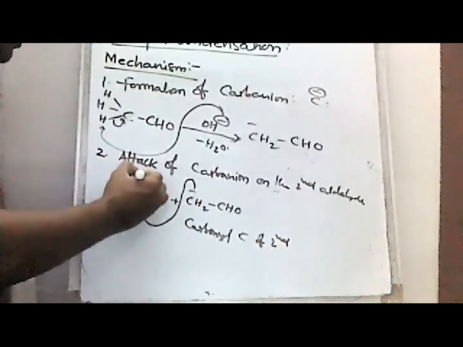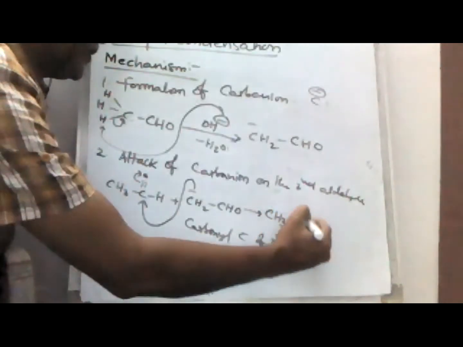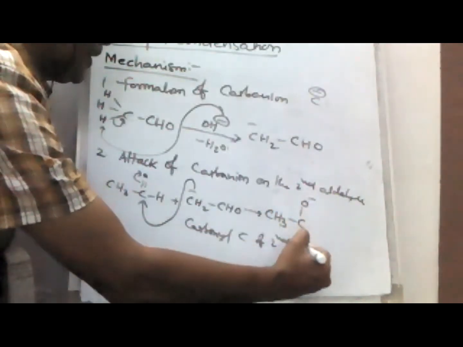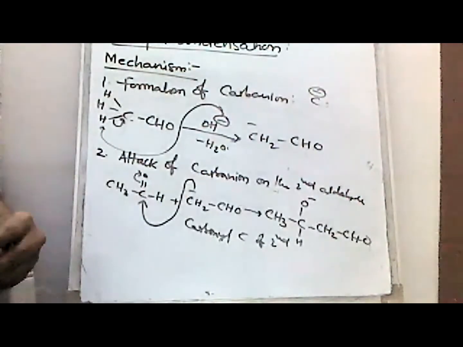Then immediately this bond polarizes like this. Then CH3, C, O minus, and here H, CH2, CH2.